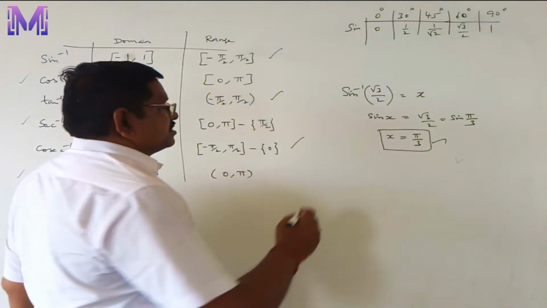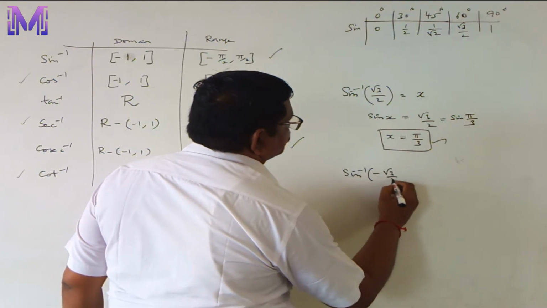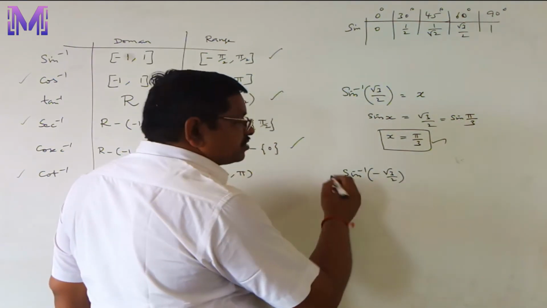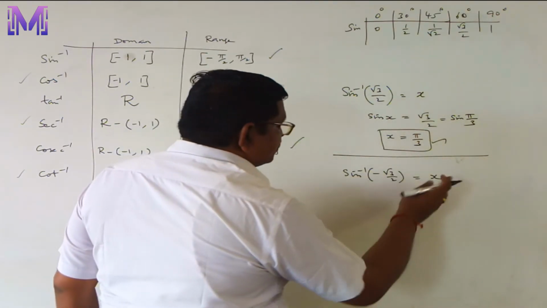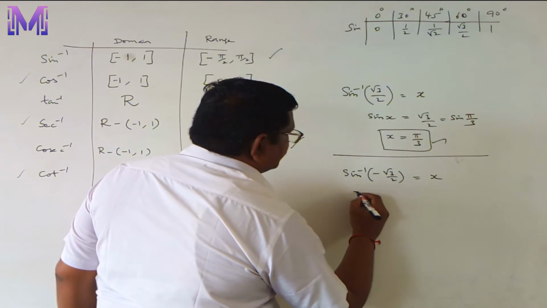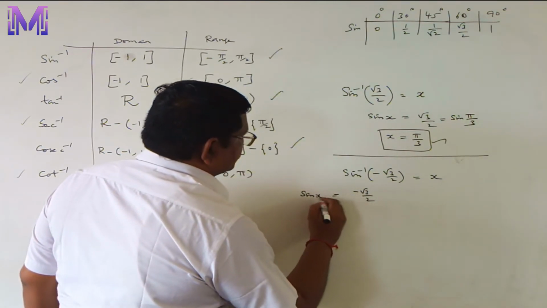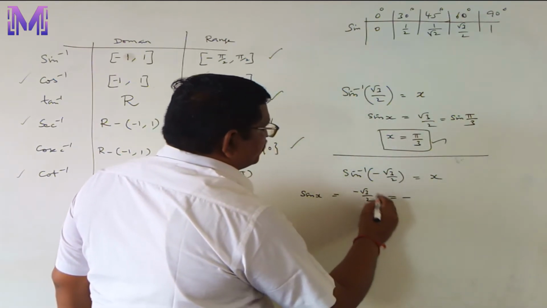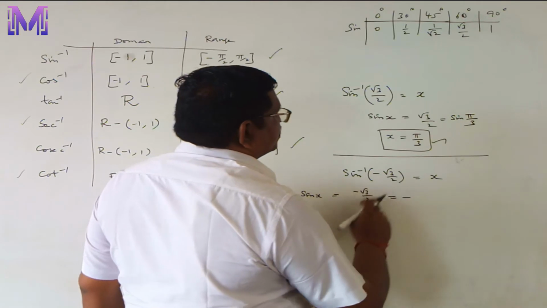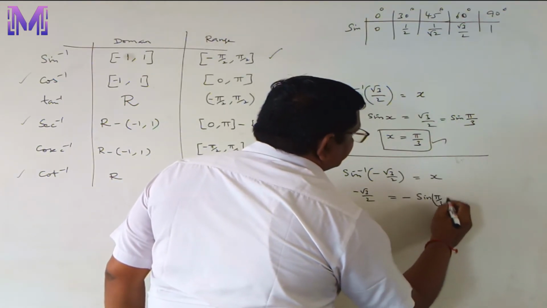Suppose the same question is given as sine inverse of minus root 3 by 2. The same process must be followed. Take this equal to x, and take the sine inverse to the other side. So we get minus root 3 by 2 is equal to sine x. We can write this as minus of root 3 by 2, and root 3 by 2 is nothing but sine of pi by 3.